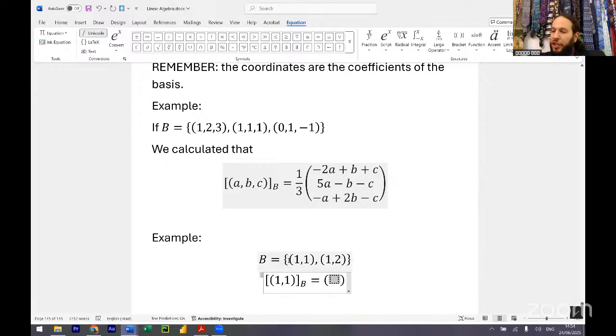What are the coefficients of these two vectors that yield (1,1)?